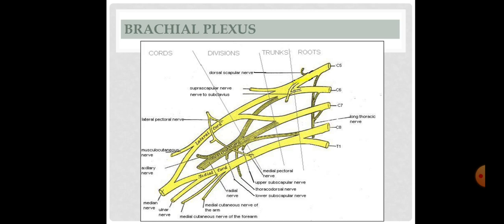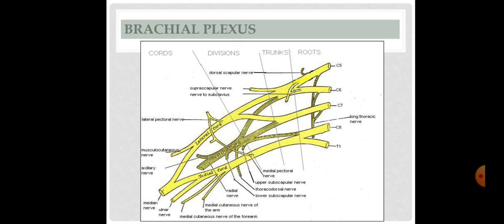Then what are the branches that arise from the trunks? There are two nerves that arise from the upper trunk only. The middle and lower trunks do not give any branches. So what are the branches of the upper trunk? One is the suprascapular nerve, with root value C5 and C6, and another is the nerve to subclavius.